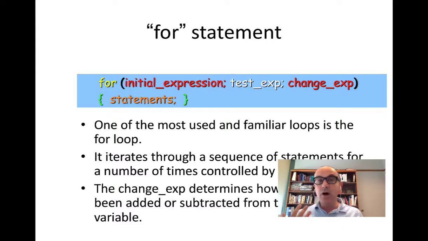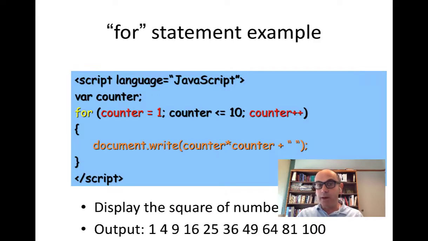So for the for statement, in this case, we are going to say the initial expression, and we are going to do the change in order for us to have a statement. One of the most used and familiar loops is the for loop itself. It illustrates that we are trying to control the number of iterations, and determine how much has been added or subtracted to the counter variable.